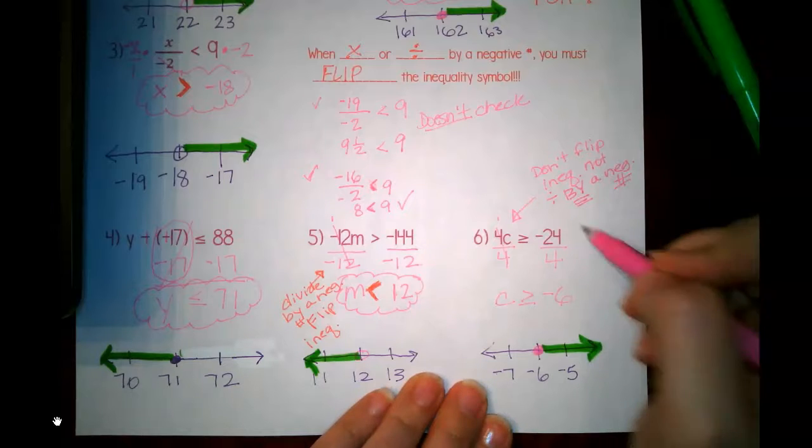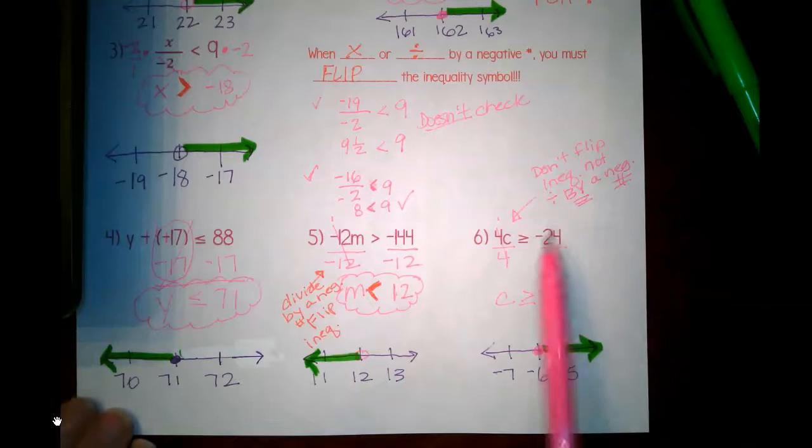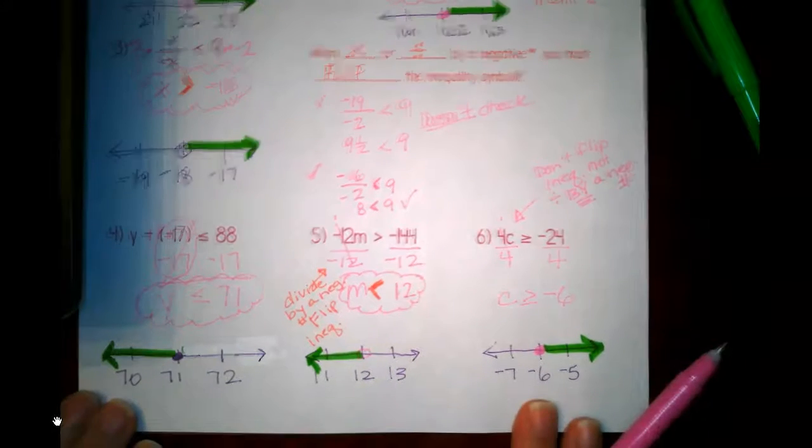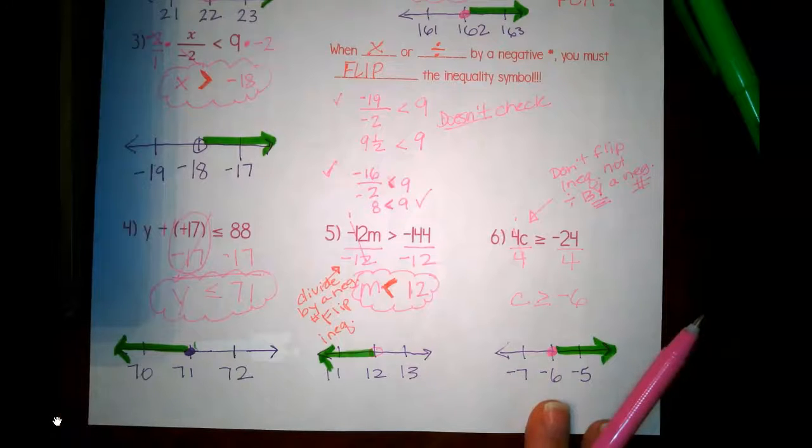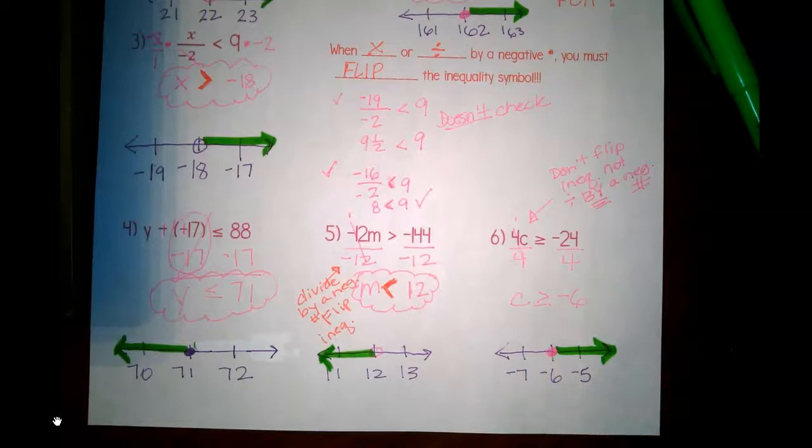We're dividing into, so you don't flip the inequality symbol on that one. So there's lots of little places where you can make some careless mistakes. Make sure that you slow down, follow your rules for solving equations.